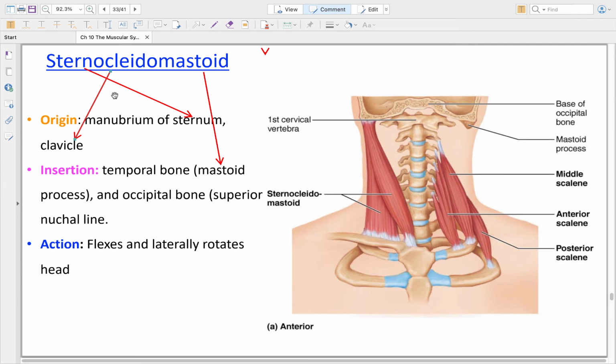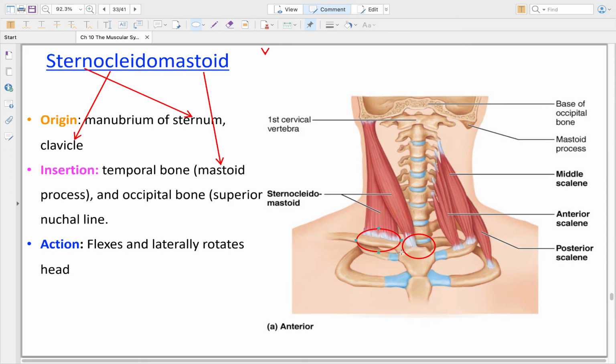Now, this is one of the major muscles in the neck. Let's take a look at it here. The sternocleidomastoid has 2 points of origin. Okay, so one is right here, on the manubrium of the sternum. And the other one is on the clavicle.